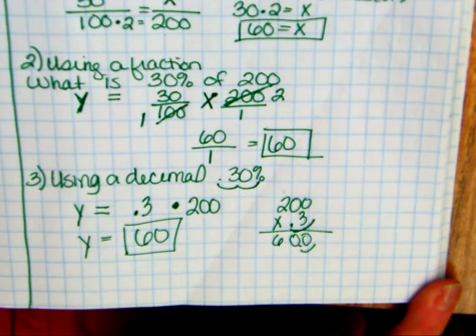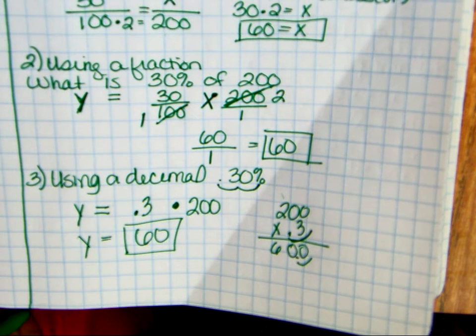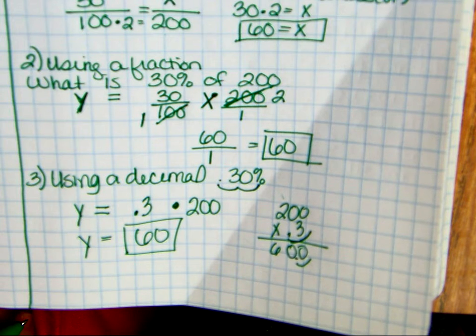So all 3 times, 30% of 200 equals 60. All 3 ways. So those are the main ways for you to remember how to find the percent of a number.